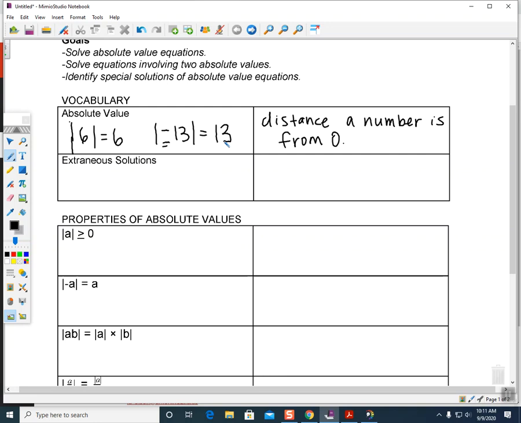Okay, our next definition is extraneous solutions. There's a word in extraneous solutions that can help us figure out what this means. My first 5 letters of extraneous are extra. When I'm talking about extraneous solutions, I'm talking about extra solutions.